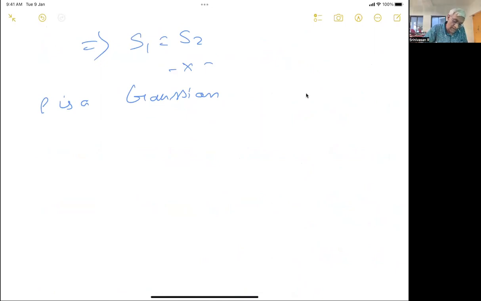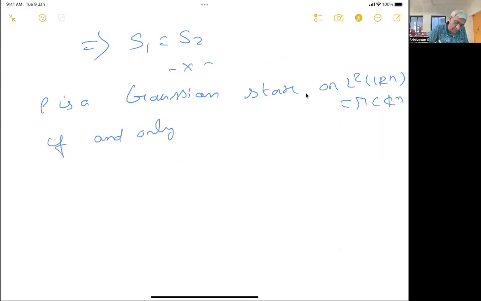So rho is a Gaussian state on L2 of R^n or the Fock space, and this is also the same, Gamma of C^n, if and only if rho hat of alpha equals exponential minus i imaginary, if and only if there exists, let me write that.